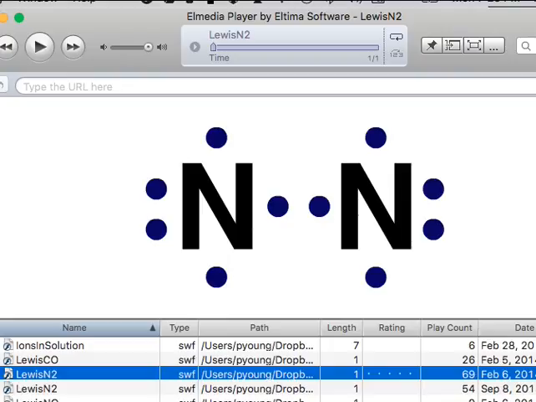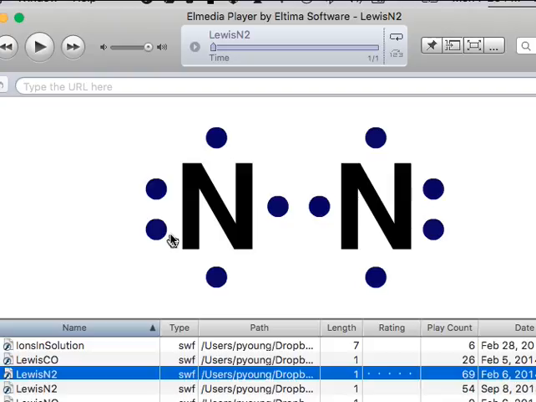Here's our 2 nitrogens, right? Clearly, we could make a bond between these 2. So that's 1 bond. No problem there. Everyone agree with that? But if we did that, we would have 2, 4, 6 electrons around the nitrogen. That's not 8.